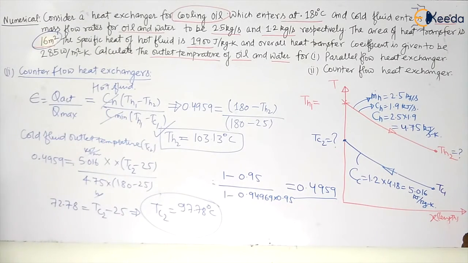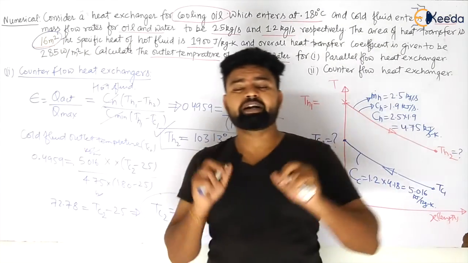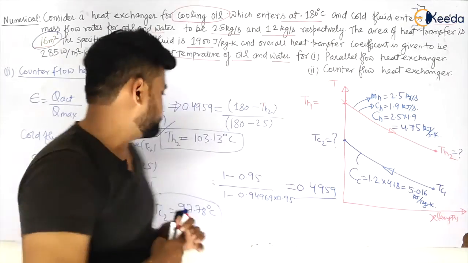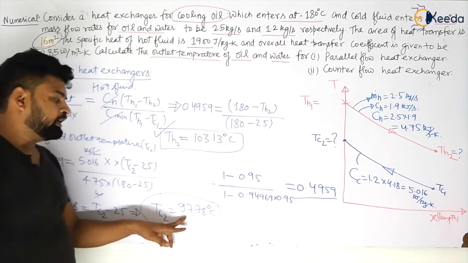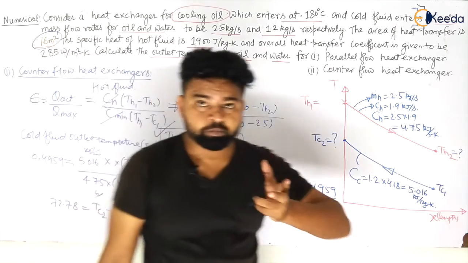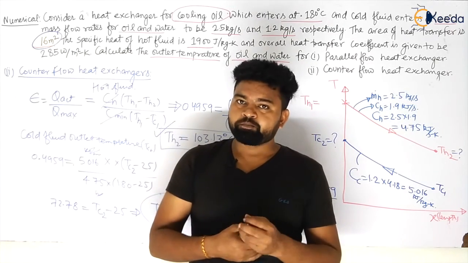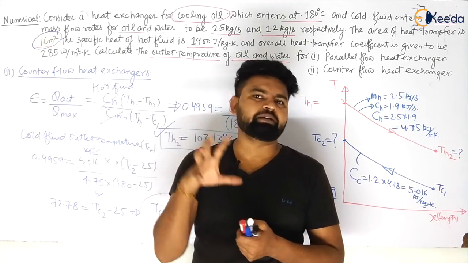Now you can analyze. There is approximately a 10 degrees Celsius change when you use counter flow compared to the parallel flow case. As the area is the same, the area must be minimum for the counter flow case.